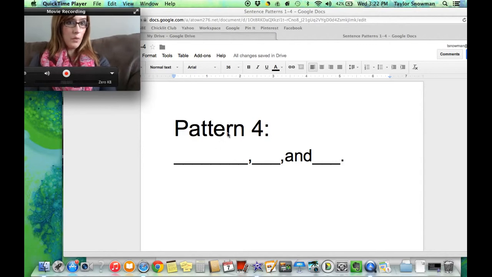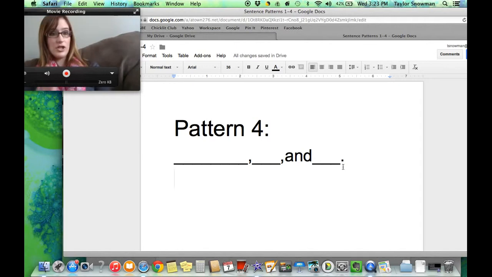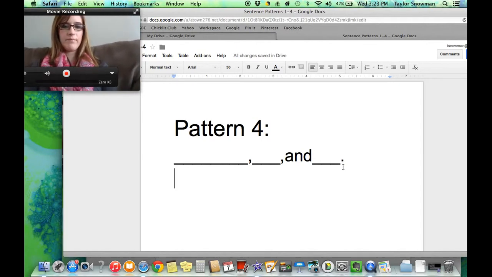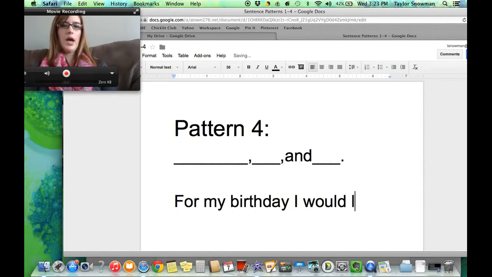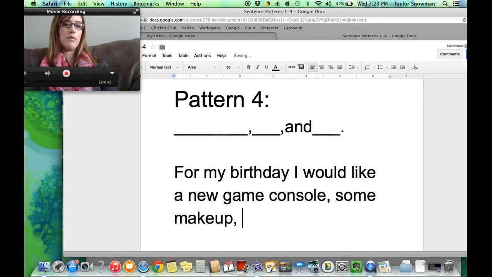So your pattern 4 is your short list. So here I have shown you the code for it. So it's the solid line with a couple commas in between each thing. So if you're going to say, for my birthday, I would like a new game console, and some makeup, and books.